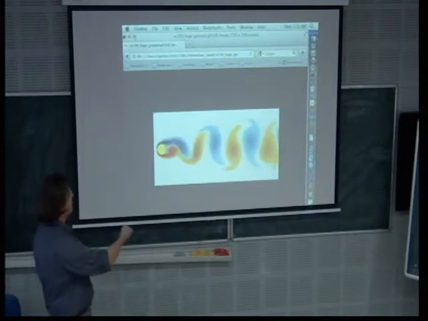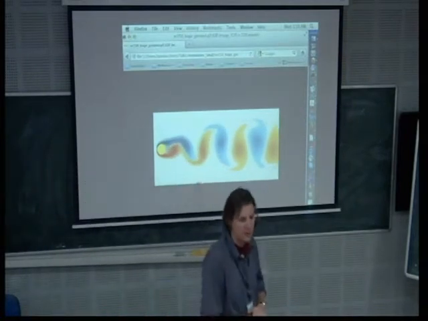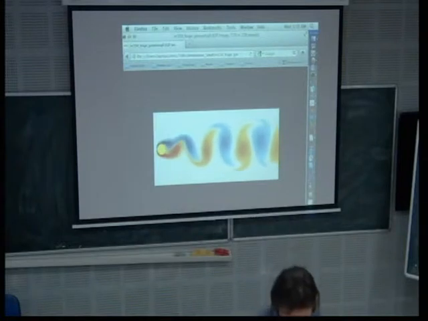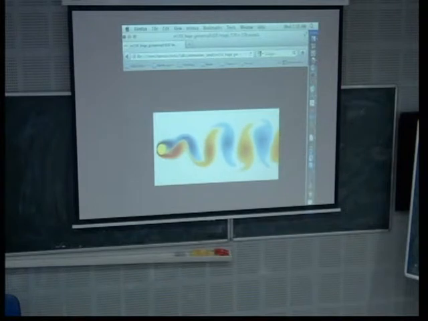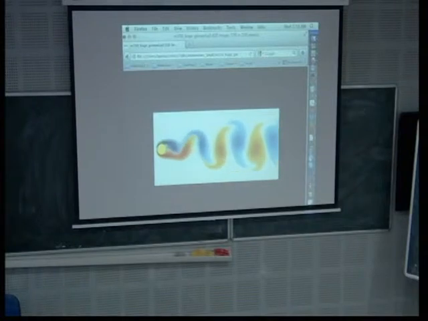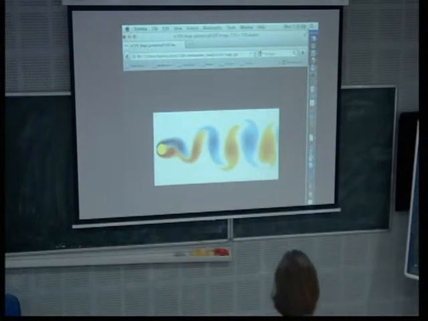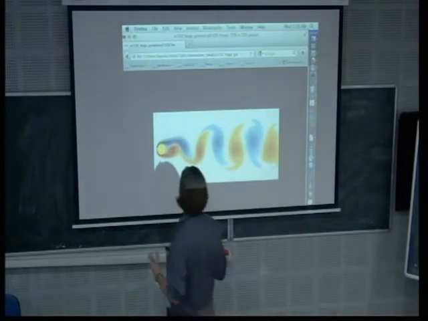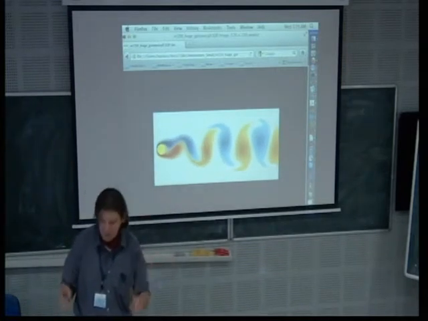So controlling this flow has been the holy grail of the fluid mechanics community for many years. And this flow itself, because of the richness of features resulting from a very simple setup, has come to be regarded as the hydrogen atom of fluid mechanics. Okay, so this is the flow that everybody is studying because of the richness of different phenomena that are evident in this admittedly very simple setup.